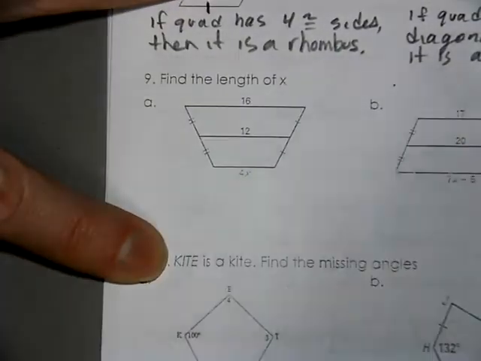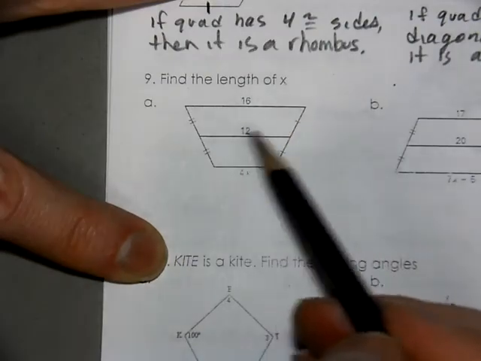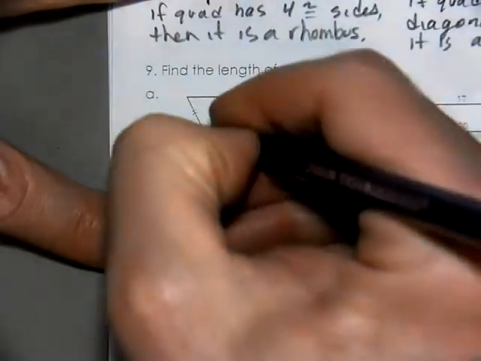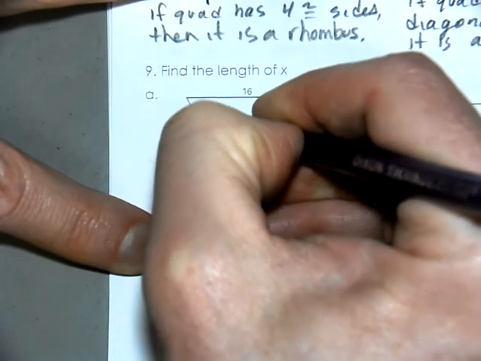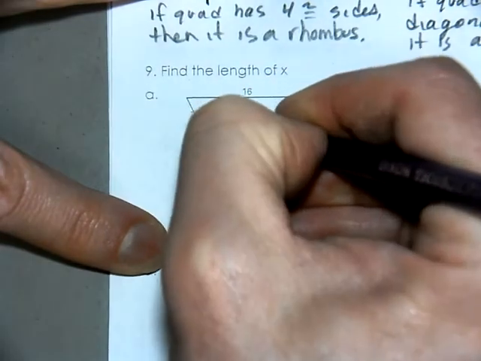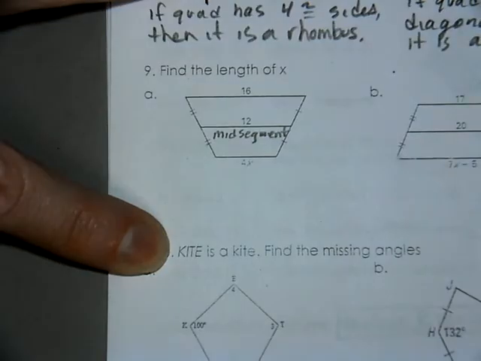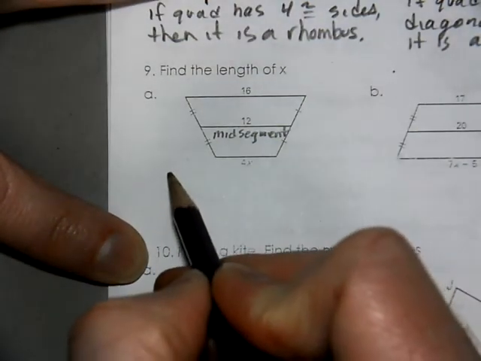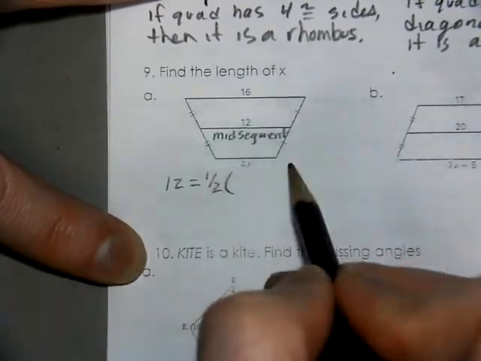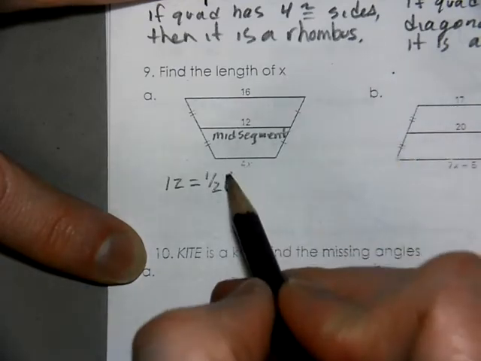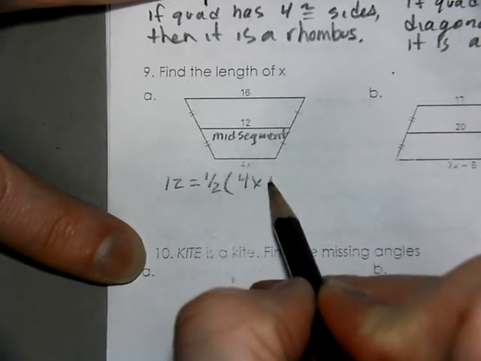Alright, this is called the mid-segment. This guy here is called a mid-segment. So the mid-segment is equal to half the sum of the parallel sides, the sum of the two bases.